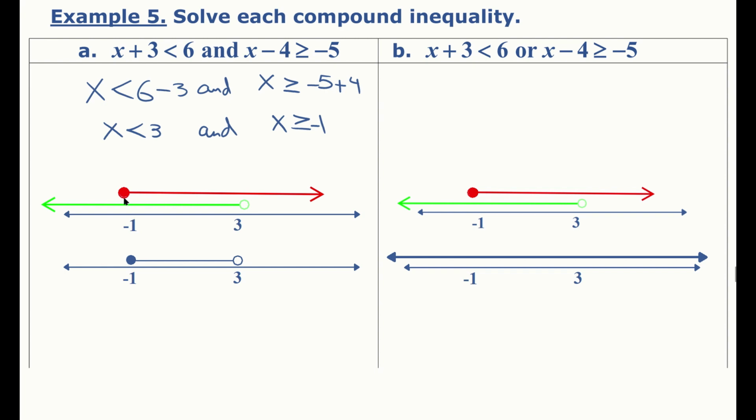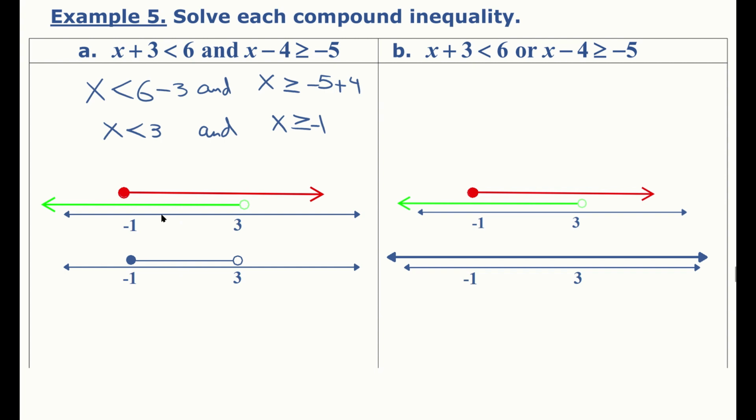And notice that we do have a closed circle there because -1 is included in this set, because we want all the real numbers that are greater than or equal to -1. So because this is a conjunction, we're going to take the intersection of those two solution sets for our final solution set of the conjunction.